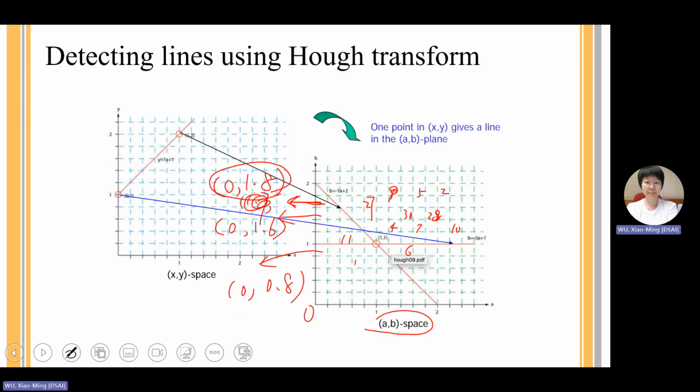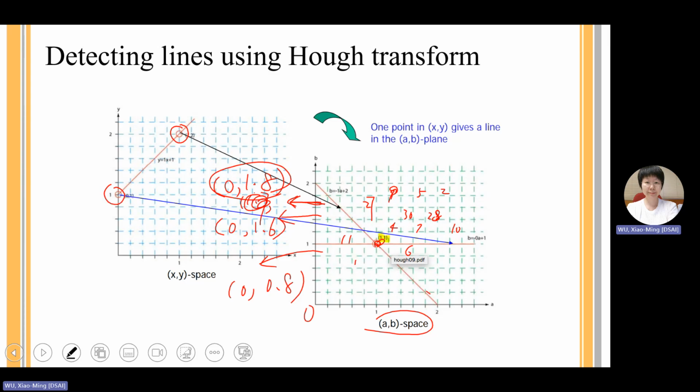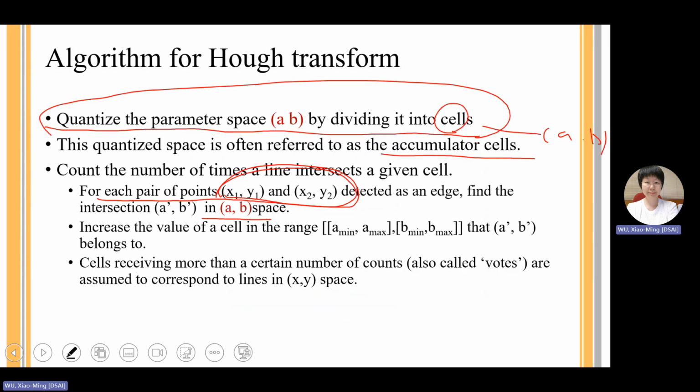For example, the two edge pixels give two lines in the AB space and they intersect at this point. Let's say this point belongs to this cell, the yellow one. And then we increase the value of this cell.